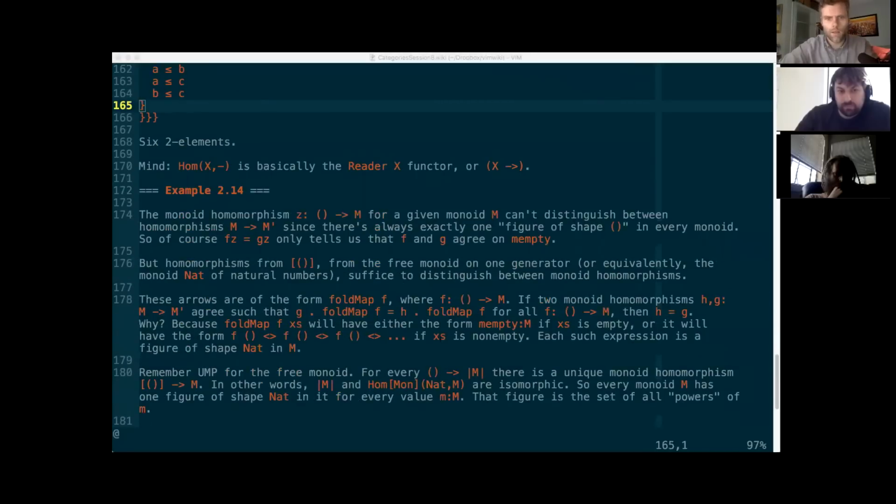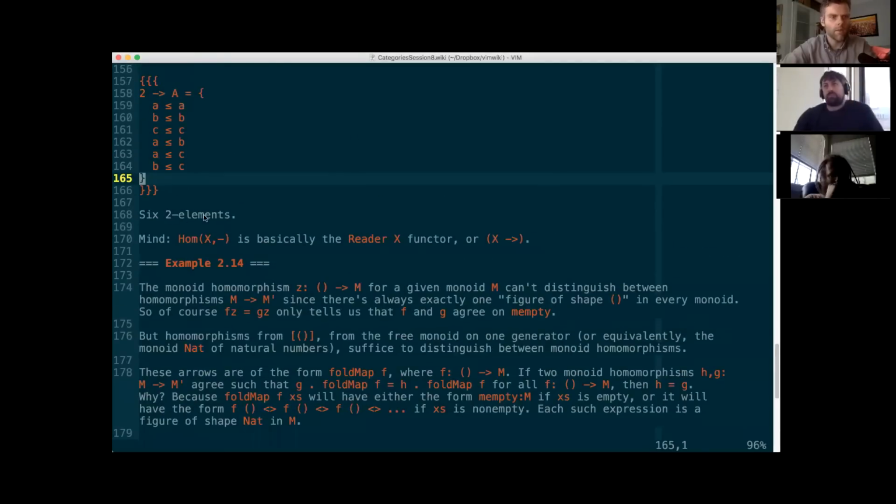So great. Right. So here he's considering 2, or the Boolean set, to be the test objects that we're testing with.